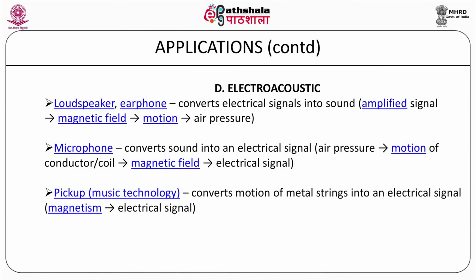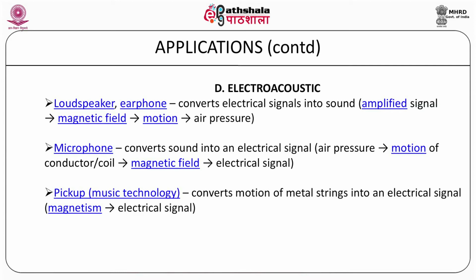Now electroacoustic, as the name suggests, these use sound. Here is the example of the loudspeaker, which we just discussed above, and the earphone, which convert electric signals into sound.